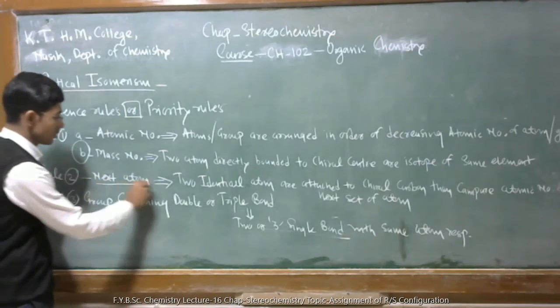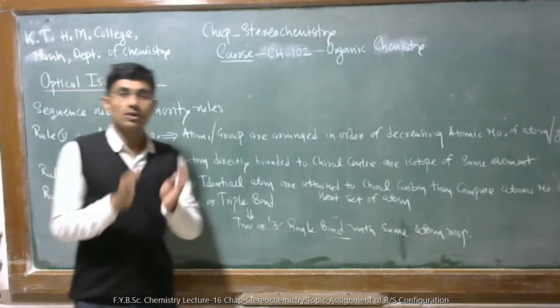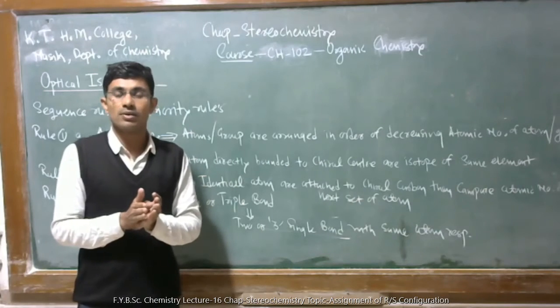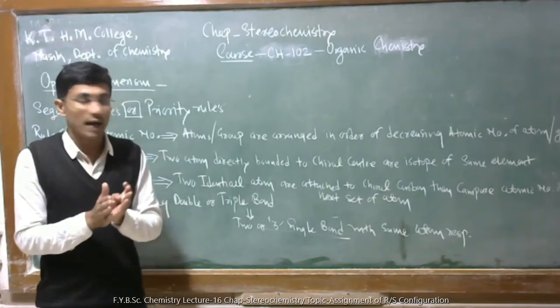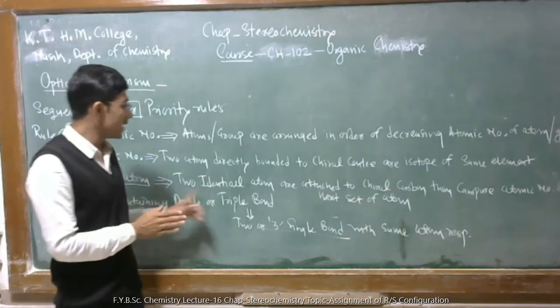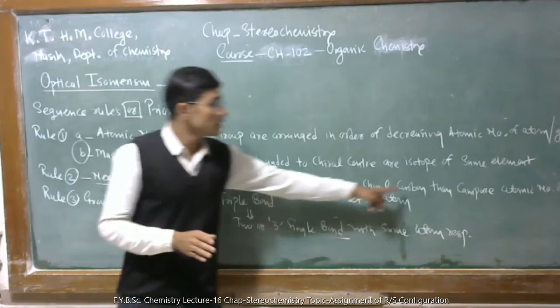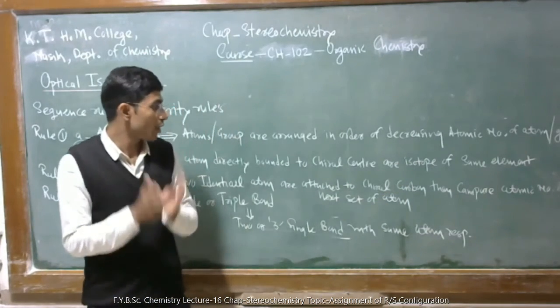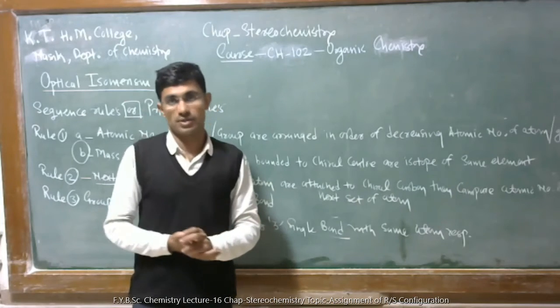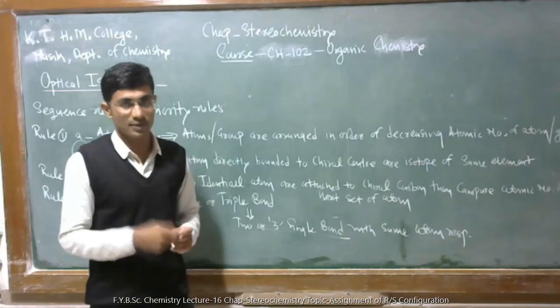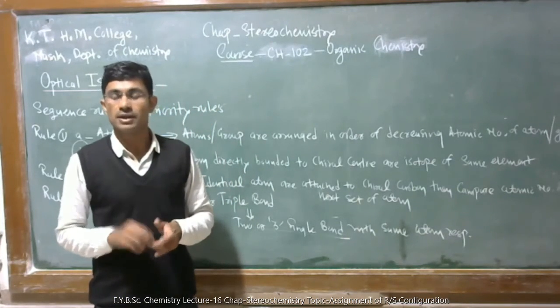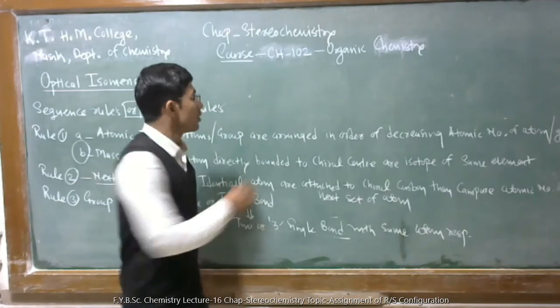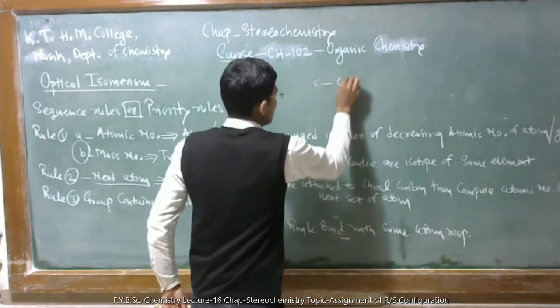Next, when the atoms attached to the chiral center are identical, you have to compare the atomic number of the next set of atoms. This is rule number 2. Last time we discussed one example, in which a tertiary butyl group is present.